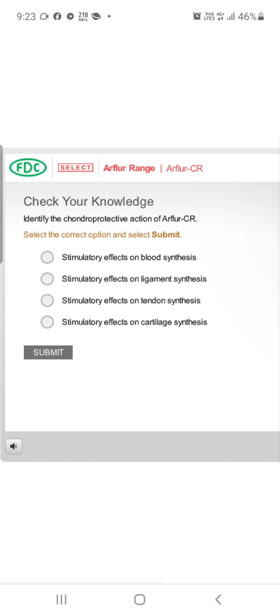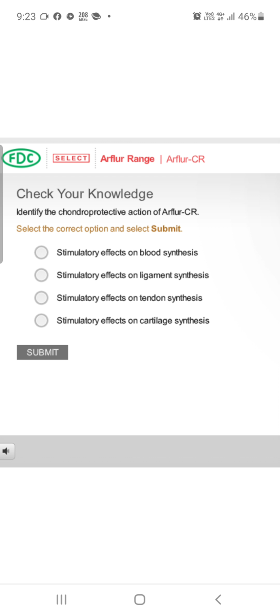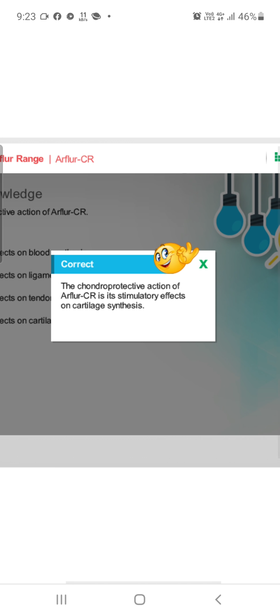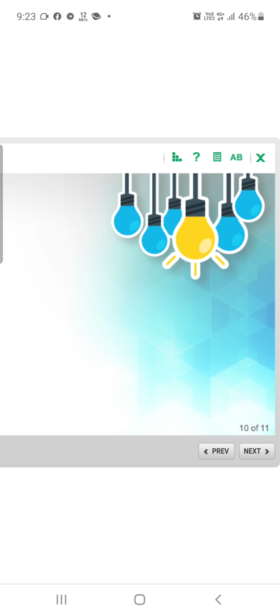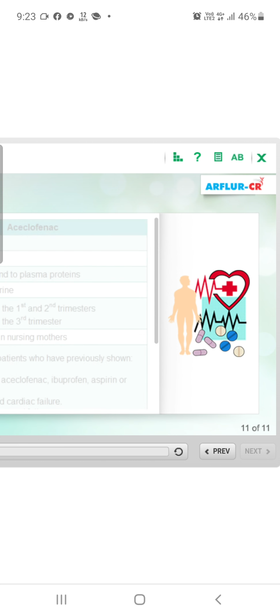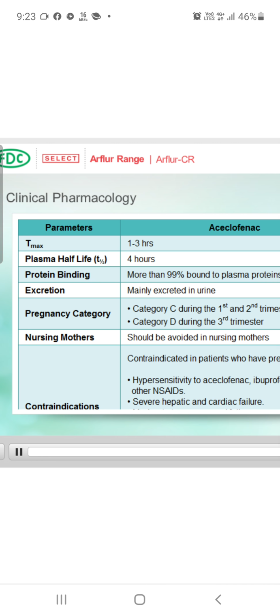Let's check if you have retained the key points. Here is the clinical pharmacology of aceclofenac.